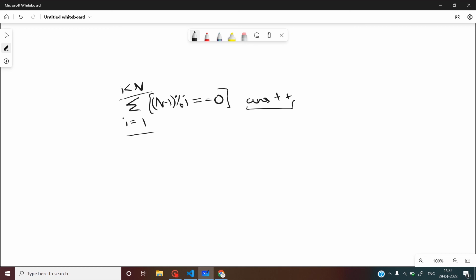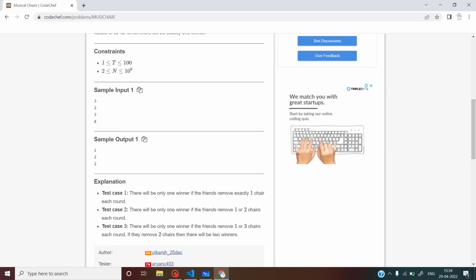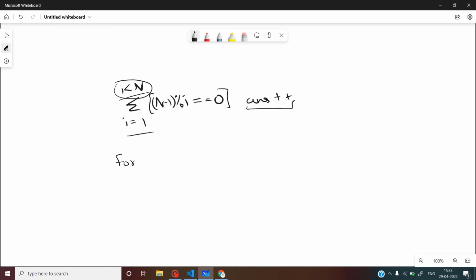But if we place a simple for loop for this iteration over n players, then this will be very large, as our n ranges from 1 to 10 raised to the power 9. So an O of n solution is not going to work here. So what we can do is, we can simply traverse from I equal to 1 to I less than or equal to square root of n.